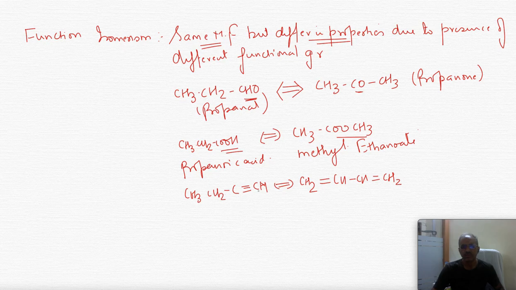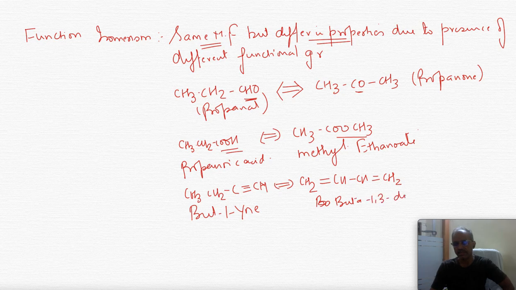So this is C4H6, and this also is C4H6. This is known as but-1-yne because it has a triple bond, and this is buta-1,3-diene. Fine.